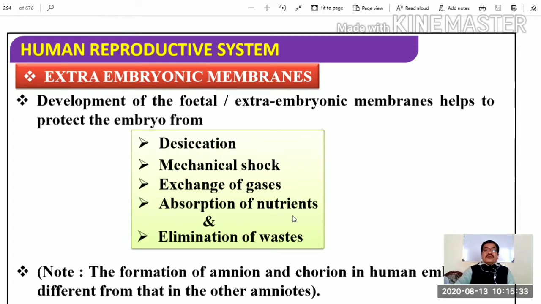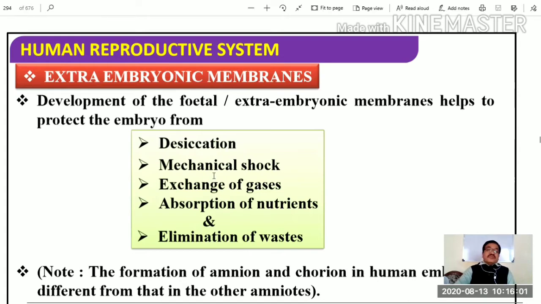Such as desiccation, so it will be protected from desiccation. Then mechanical shock, meaning if there is a mechanical shock from the outside, it will protect the embryo. Then the exchange of gases, and whatever movements are there in the body, it will protect the embryo.